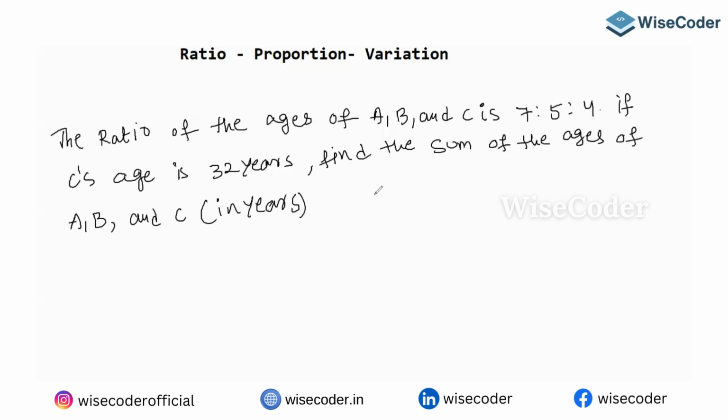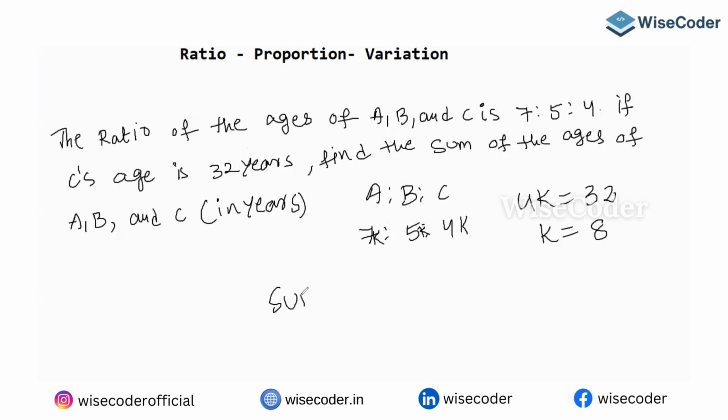I hope you are done. A is to B is to C, the ratio is 7:5:4. So 4k, 5k and 7k. Whose age is given? C's age. So I know 4k is equal to 32. Then k is equal to 8. Okay, I want the sum of the ages.